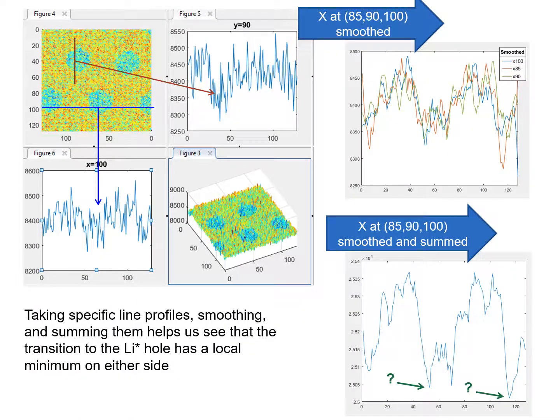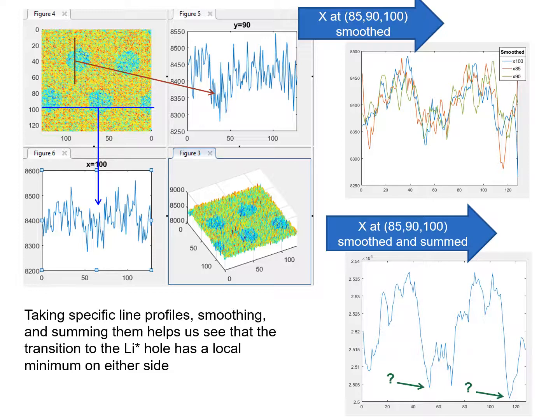I did lines across these data points, and it's really messy across the X's, across the Y's, but if we start to smooth them, we start to see something, and if we add together the smooth peaks, we really start to see things.